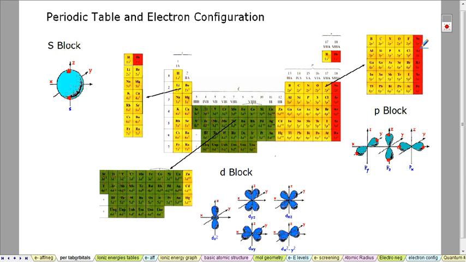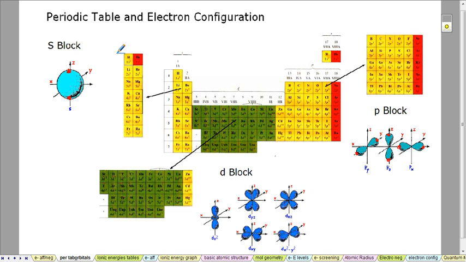And so it will turn out that all elements in this family, with the exception of hydrogen, of course, lithium, sodium, potassium, rubidium, cesium, and francium, they all have their final electron in an s orbital, and there's only one in that s orbital.